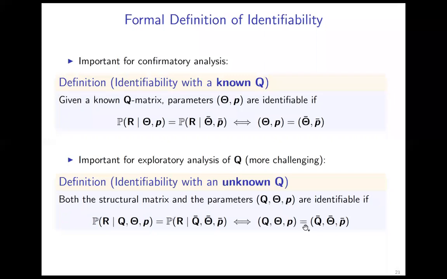It is not very rigorous to write this equality, but it holds only up to inevitable label switching of the columns of the Q matrix, because the columns correspond to different latent attributes. The best one can do, if the Q matrix itself is not known, is to identify the Q matrix structure up to the label switching of these latent attributes.